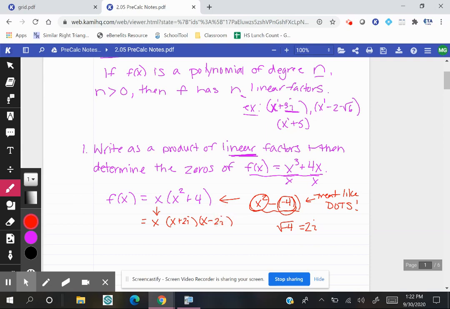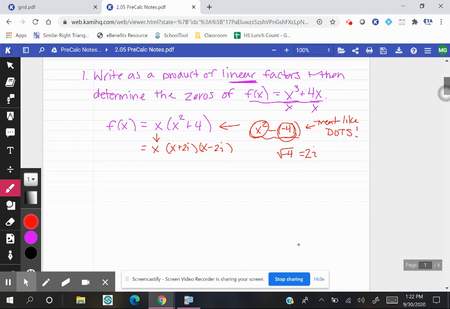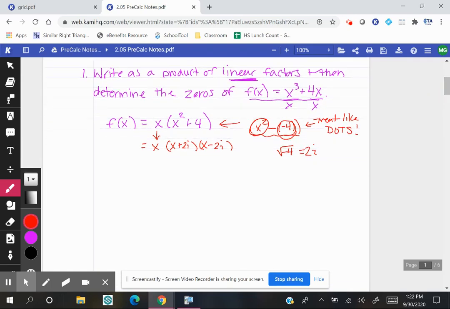The reason we've always said you can't factor a sum of two squares using dots is because you end up with imaginary answers. So you do it just like a difference of two squares, except you're taking the square root of negative 4. So it's x plus 2i, x minus 2i.